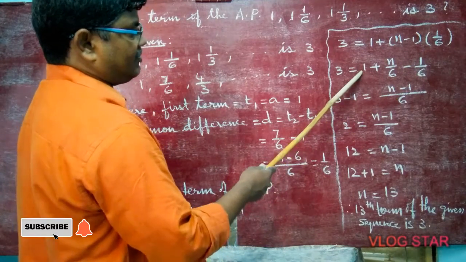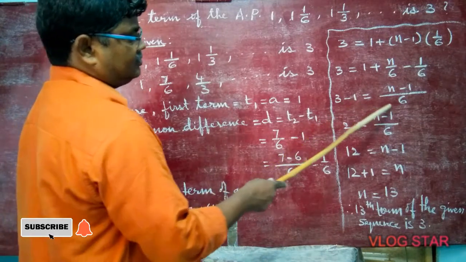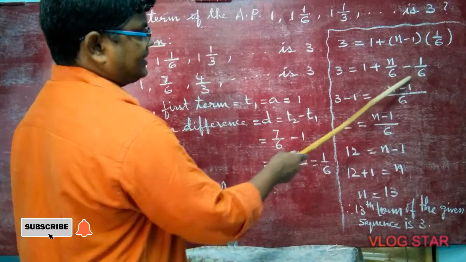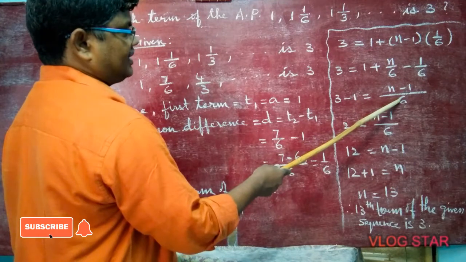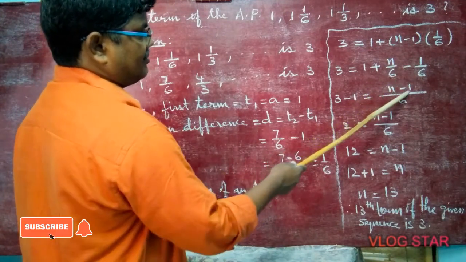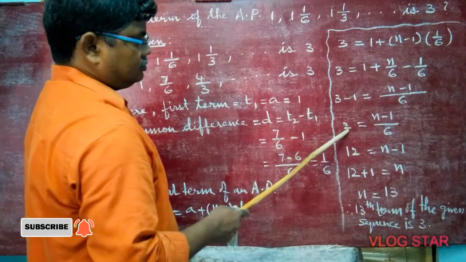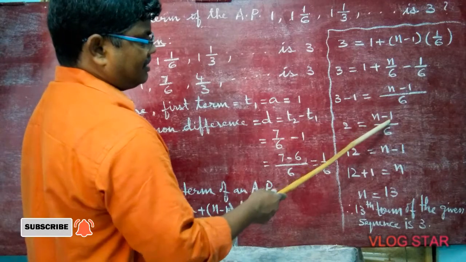Bring this plus 1 from right to left. 3 minus 1 is equal to, like fractions, denominators are the same. 6 will be the LCM, and n minus 1 will be the numerator. 3 minus 1 is 2. 2 is equal to n minus 1 by 6.